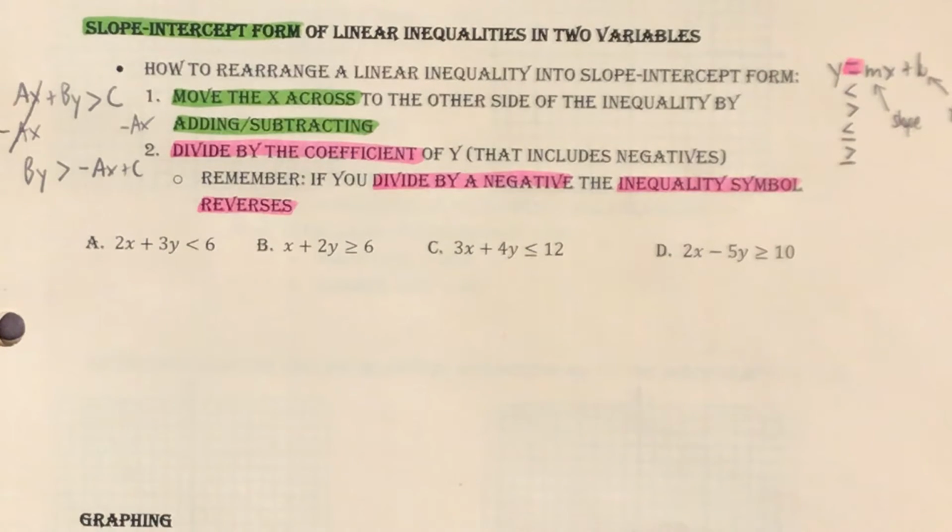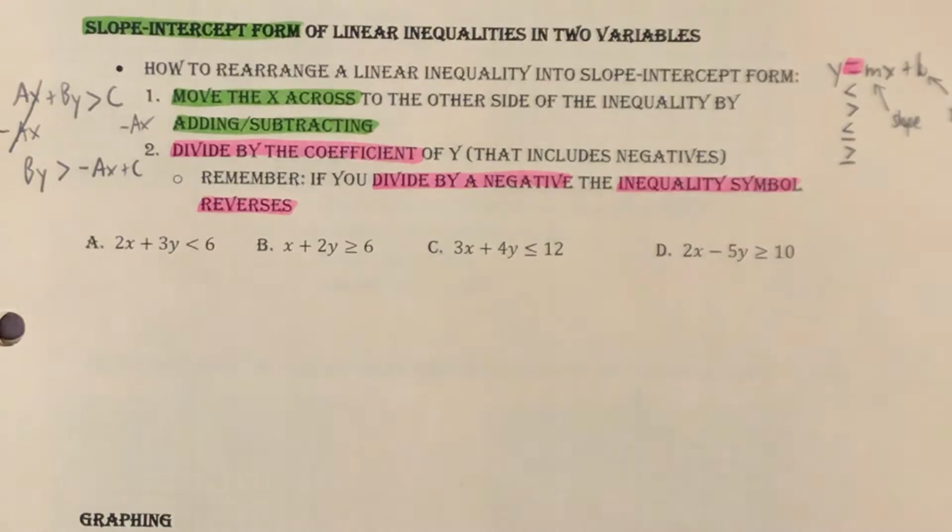It's really one of those rules we have to remember. If we divide by a positive number, that does not change the inequality symbol. So the process again: get the x across, off the same side as the y, by adding or subtracting, then divide by the coefficient that's multiplying y.